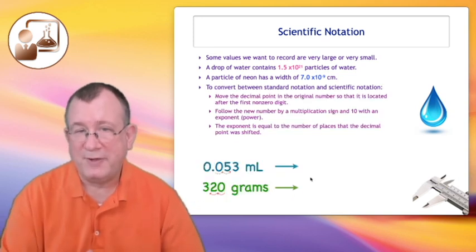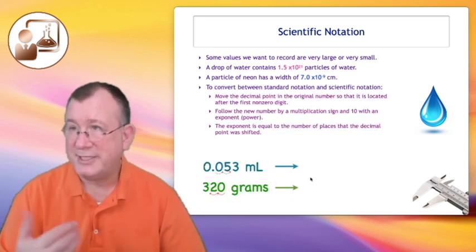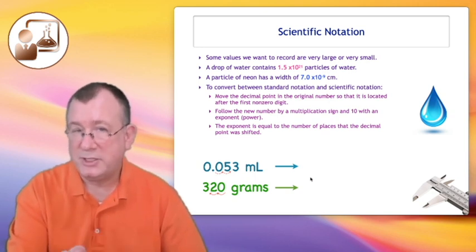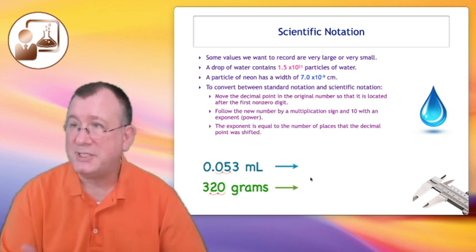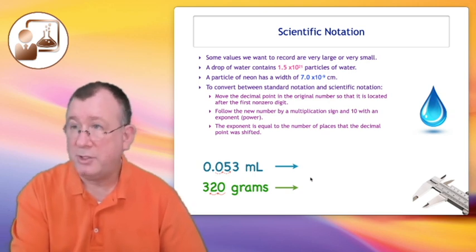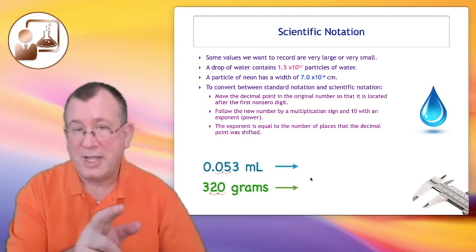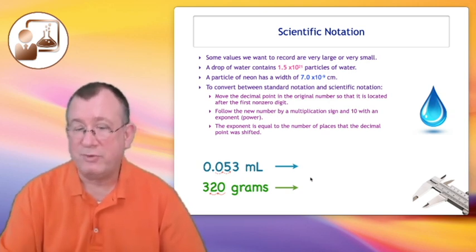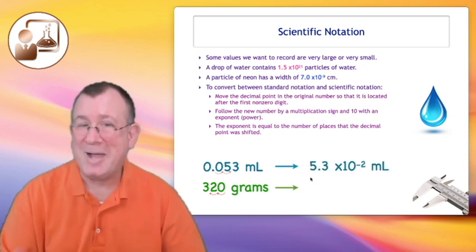So for example, if I had 0.053 milliliters and I asked you to represent this in scientific notation, well, you just take the decimal point, slide over once, twice, and say 5.3 times 10 to the, what is it? Is it 10 to the second? No, I'm messing with you. It's a small number, right? So it's going to be a negative. I'm taking out tenths. 1, 2, I took out 2 tenths, so it's 5.3 times 10 to the minus 2.